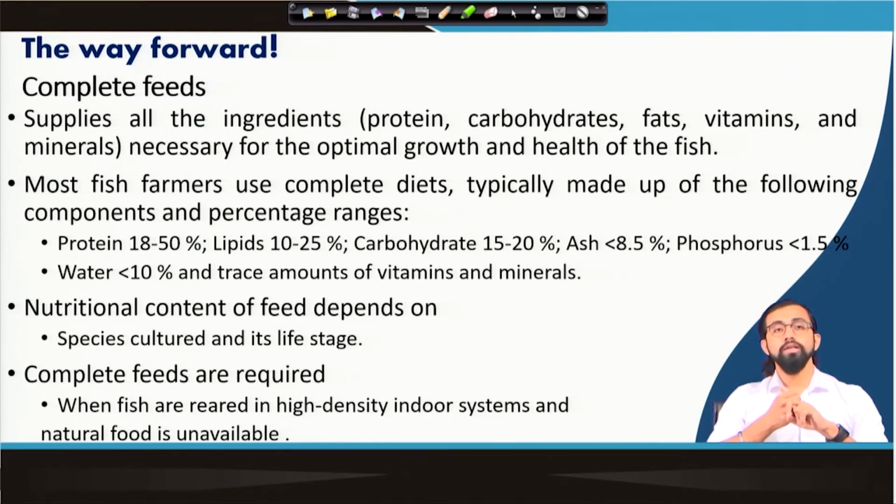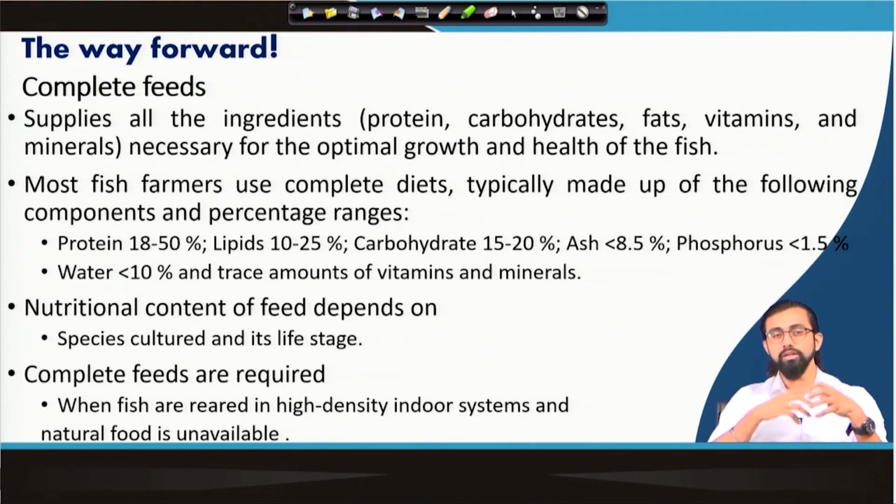Most fish farmers use complete diets, typically made up of the following components: protein around 18 to 50%, lipids 10 to 25%, carbohydrates 15 to 20%, ash content less than 8.5%, phosphorus content less than 1.5%, and water less than 10%.